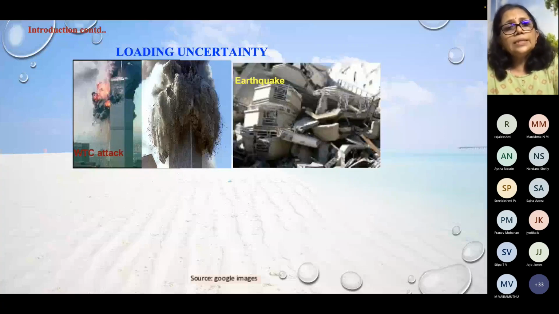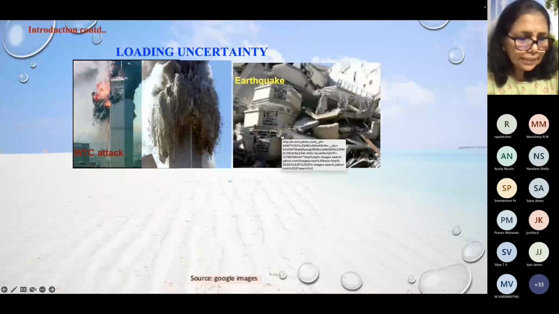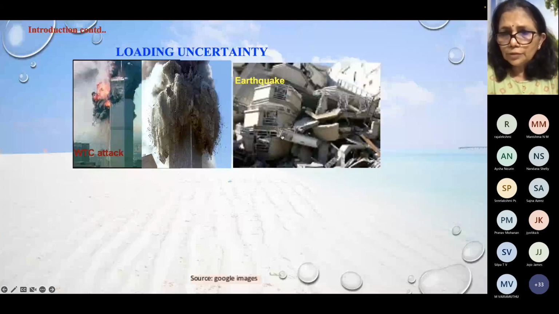Okay, so this happened, and then this earthquake. How many of you have referred to IS 1893? 1893 deals with earthquake forces. So that is for India, and we have 5 zones. The severest is zone 5.